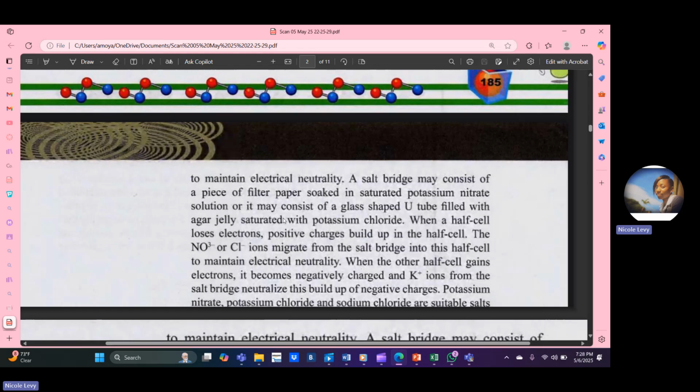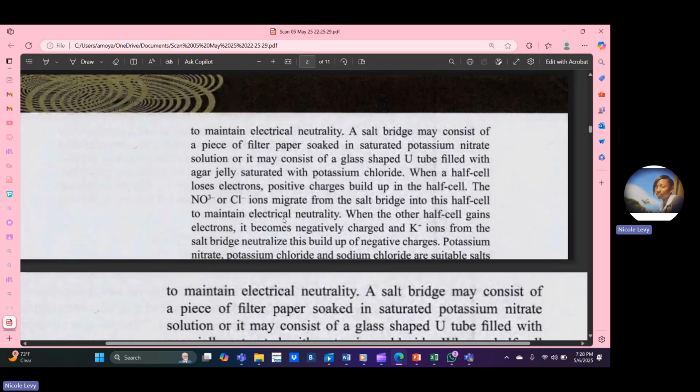Easiest one here to remember is the filter paper soaked in potassium nitrate. But if you're up for something more complex, you can remember the glass U-tube filled with agar jelly saturated with potassium chloride.